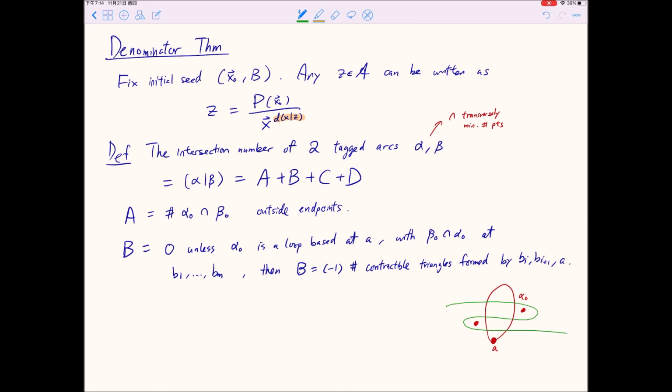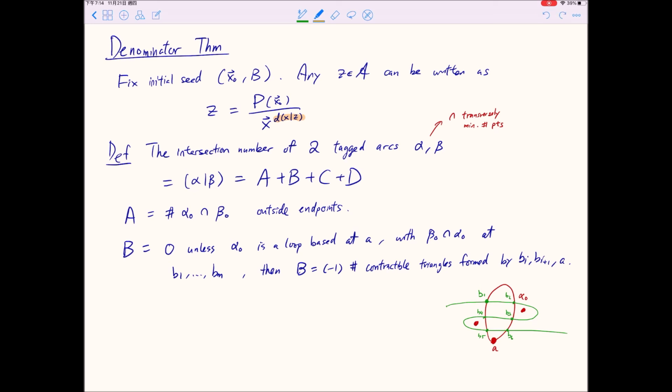So it has several intersections with alpha, B1, B2, B3, B4, B5, B6, right? Then you count how many contractible triangles of the form Bi plus 1 and A. So for example, you have B1, B2, A. So this is a contractible triangle.